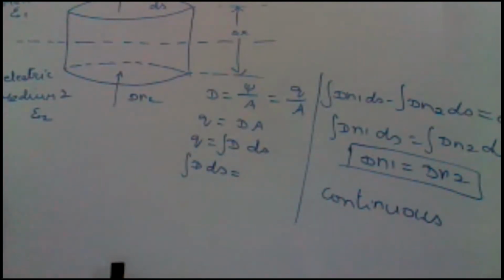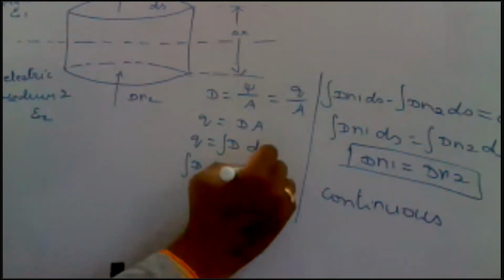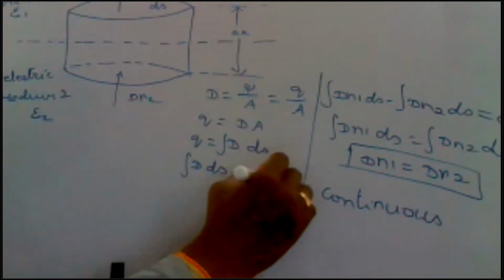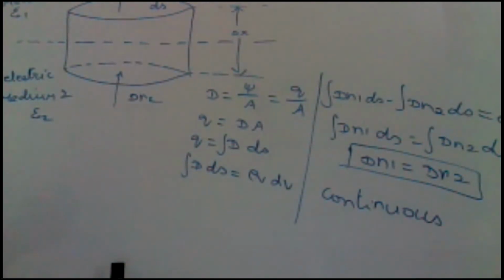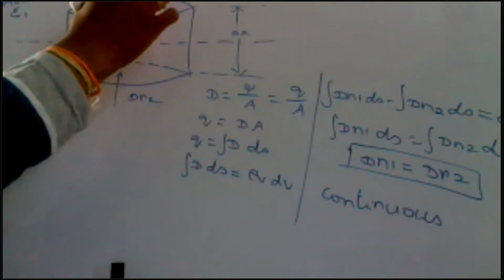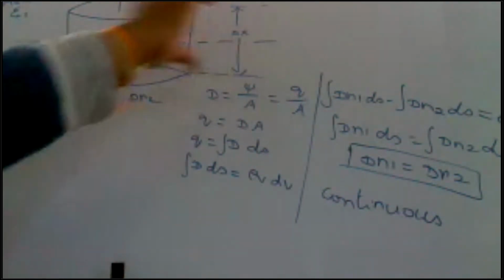Am I right? So q cannot be taken as 0. We have to take some volume, because we cannot deal with area now, as the pill box has a particular height also. There is an area, and along with it there is a height. Volume means length into breadth into thickness, multiply all three to get volume. Here there is an area ds, and multiplied with it is del x, the height. If we multiply these, we get the volume.